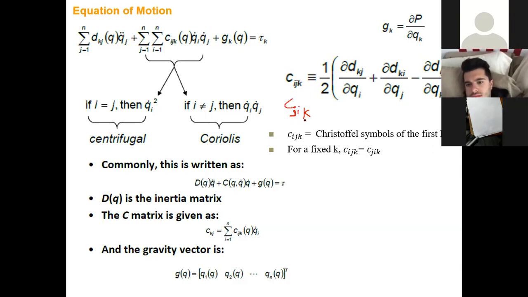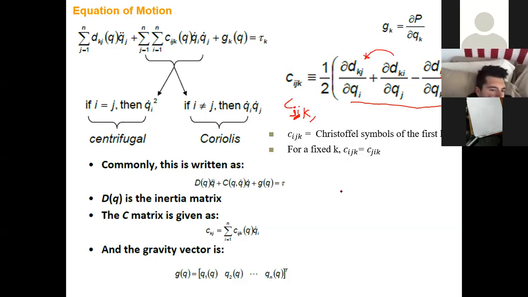Exactly. Because there are three terms, right? So the thing is, which one is minus? That's what we have to decide. So this is ij, and this k will be minus, the other two will be plus.